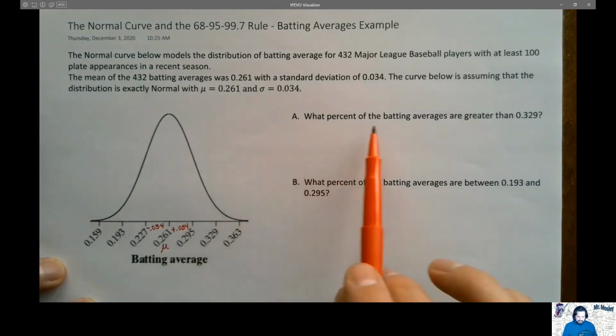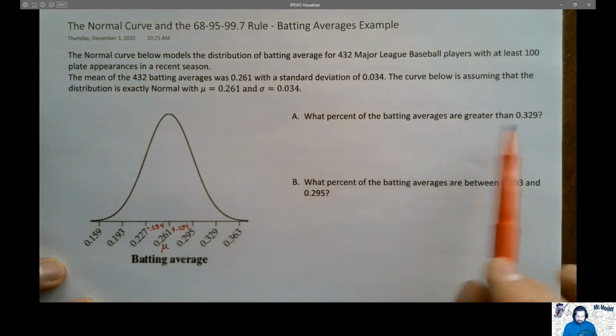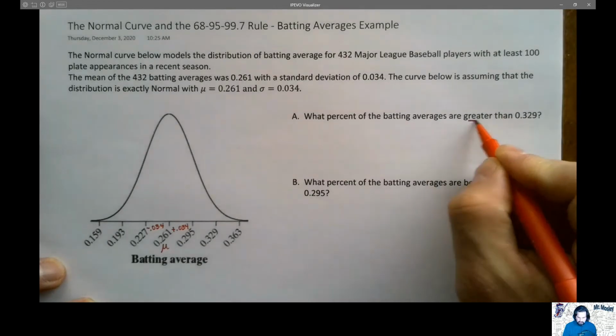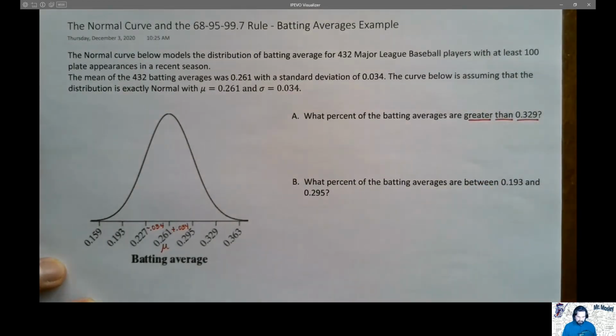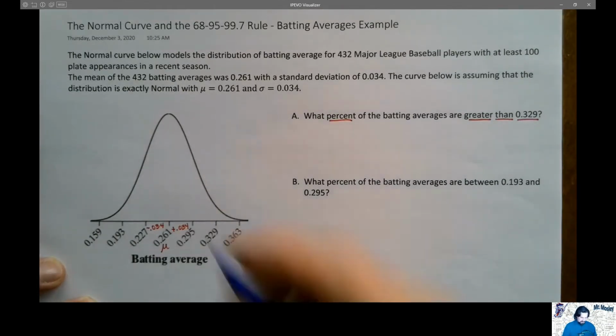So question A, what percent of the batting averages are greater than 0.329? This is important. We're looking for greater than 0.329, and we want a percent. The 68, 95, 99.7 rule gives us percentages, so we're already in the right unit. So we need to find 0.329 on our graph, which luckily is one of our spacings of the standard deviation.